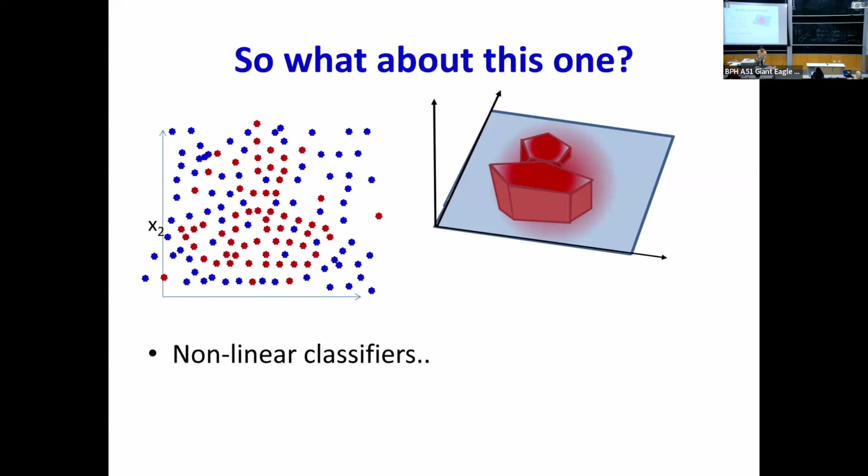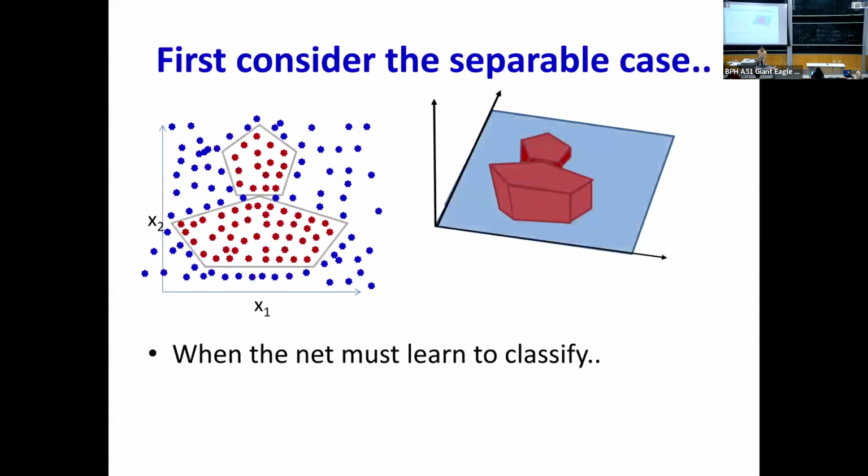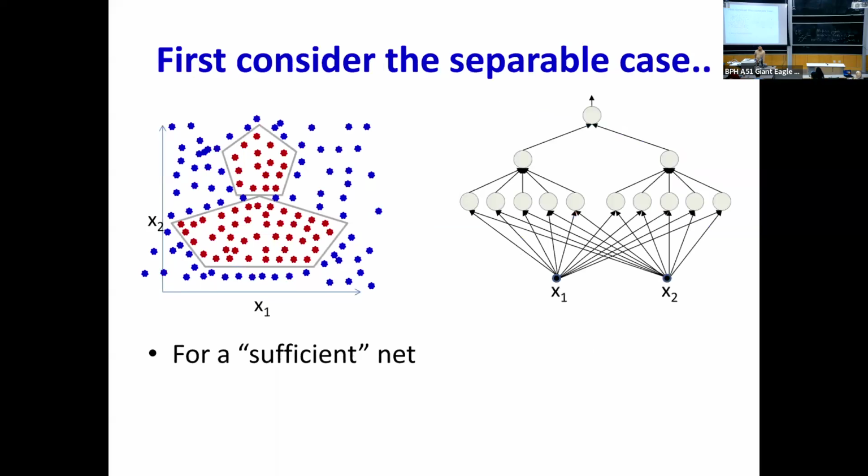Before we even get here, let's look at the clean case, where there are no red dots on the blue side and no blue dots on the red side, right? Let's also assume that I have the perfect architecture. Now, you'll remember from lecture 2 that I can use this architecture for training the classifier, right? This first subnet captures the first pentagon.